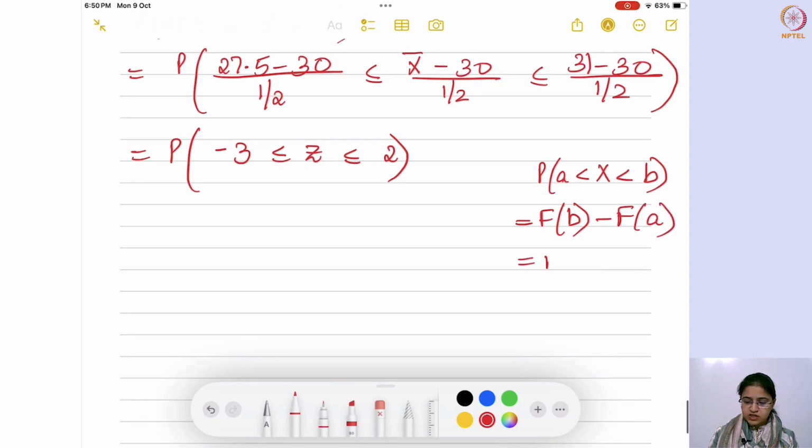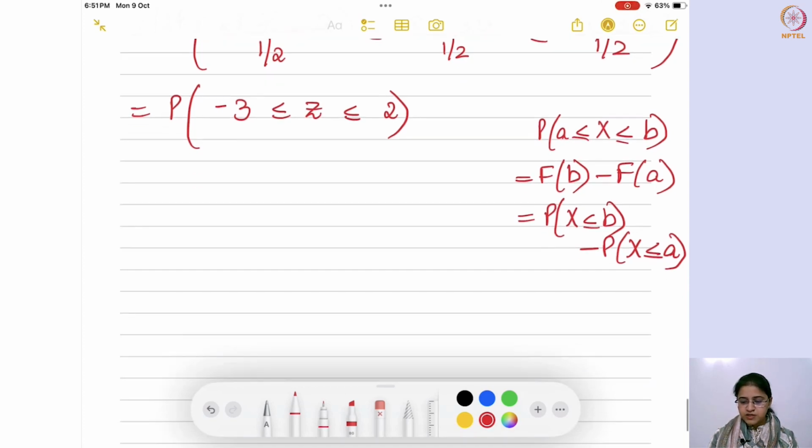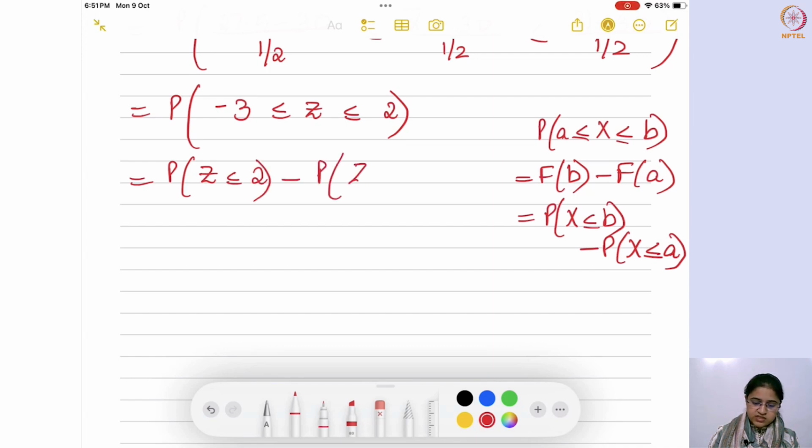Or you can say it is the probability that x is less than or equal to b minus the probability that x is less than or equal to a. Since we are dealing with continuous distributions, you can put equality also, and the result would be the same. So here the same thing applies: the probability that z is less than 2 minus the probability that z is less than or equal to minus 3.